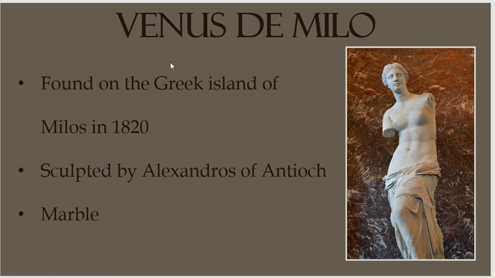Venus is the Roman name for Aphrodite. But now they think it could also be the sea goddess Amphitrite, who is actually Poseidon's wife. So they're not entirely sure who it is, but it has been nicknamed Venus de Milo.